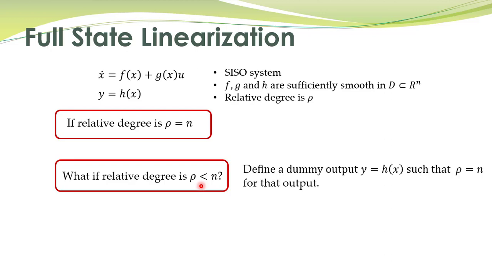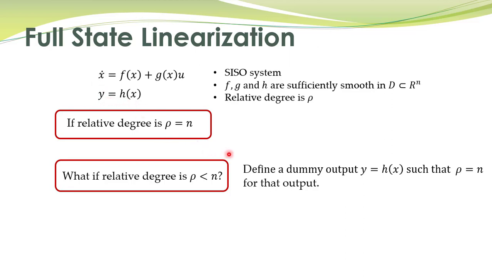So you remember that full state linearization problem is important when you are going to solve stabilization problem. And in stabilization problem, this output equation is less important, because in stabilization problem you only want that all the states converge to the equilibrium point. The output equation is less important.